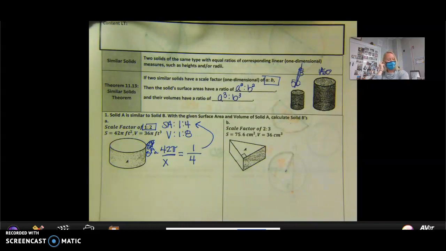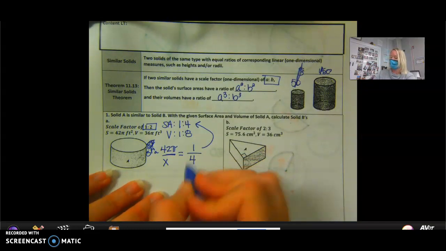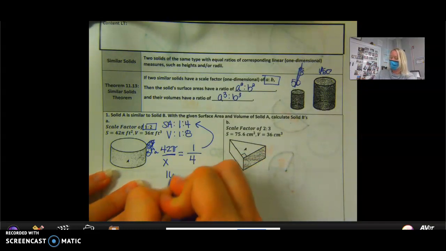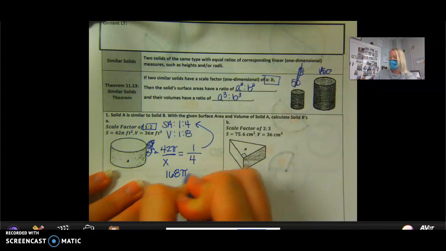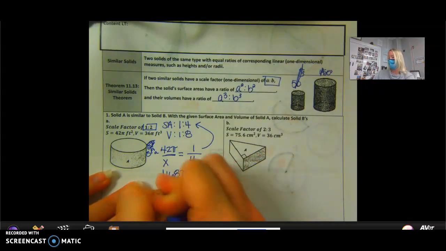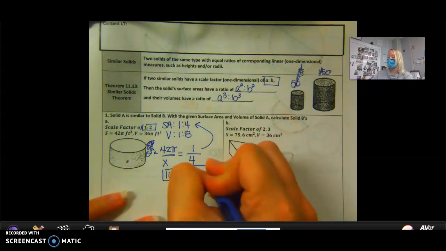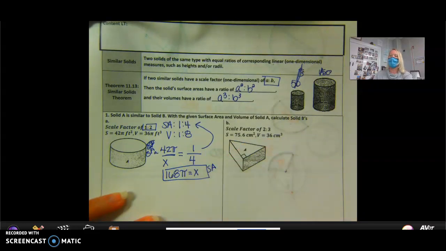Okay, how do I solve that? What's 42 times 4? So it'd just be 168 pi equals, what's 1 times x? There's your answer. That is the surface area of the second figure that would be similar to this, but obviously bigger, right?